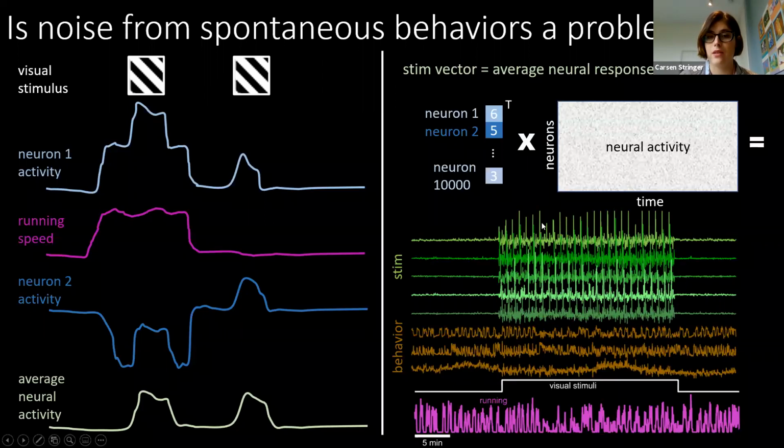So in the case of this untrained mouse, just passively viewing these visual stimuli, it seems like the spontaneous behavior space is orthogonal to the stimulus-driven space, which will allow us to successfully decode stimuli whether or not the mouse is running. So this kind of noise won't impair our decoding performance.